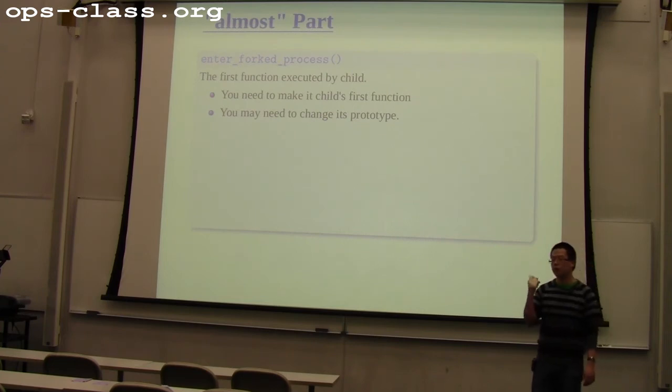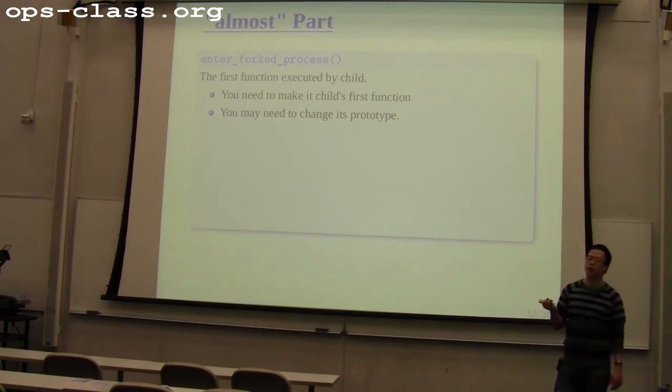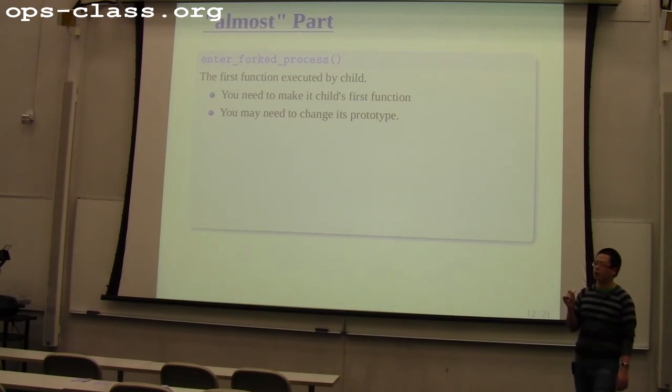The first thing you want to do is modify the trap frame, because you want the child to return 0 instead of the PID. So you need to modify a particular register in the trap frame to make the child feel like fork returns 0. And also you need to forward the EPC by 4, so the child won't repeatedly call the fork syscall.